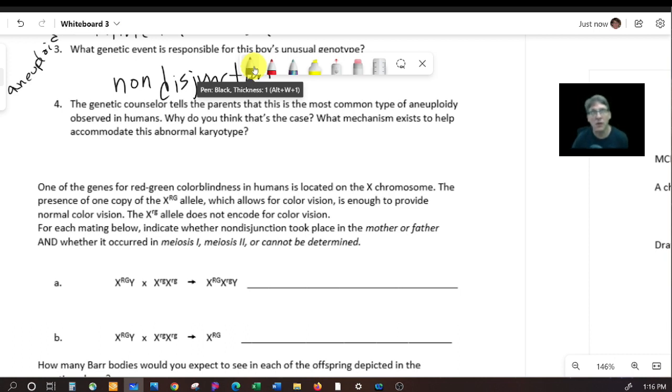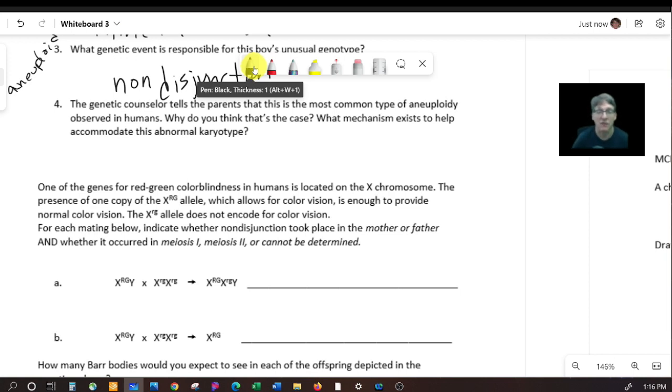There is a little bit of expression that does happen off of the inactivated X, which is why an individual with Turner syndrome isn't phenotypically normal. They're more apt to have congenital heart defects. They may have some other physical developmental differences, which can be partially accounted for by the fact that the inactivated X in a karyotypically normal female isn't completely inactive.